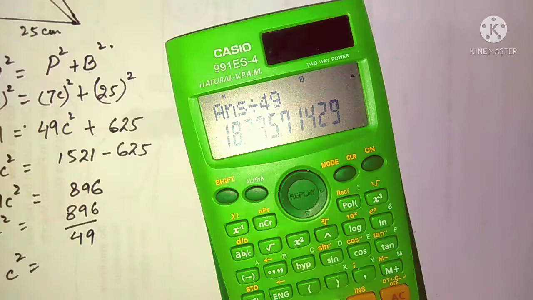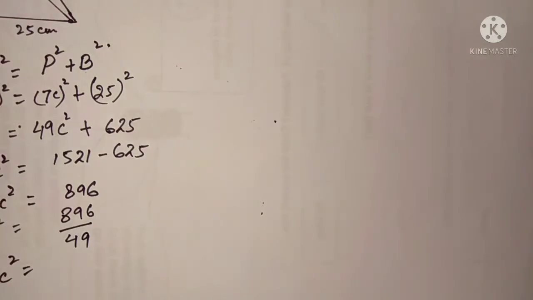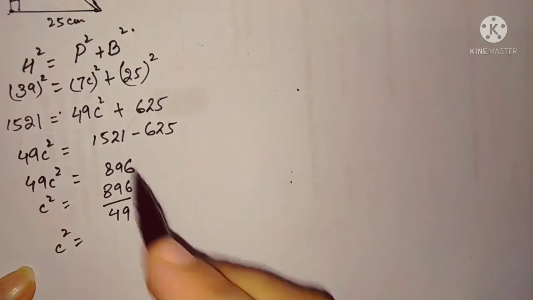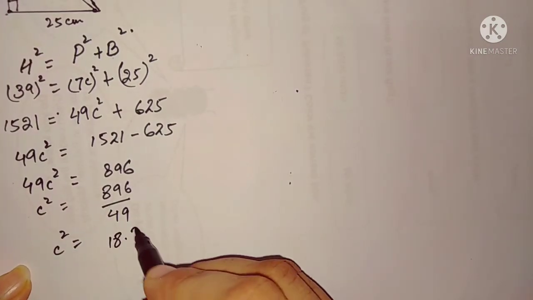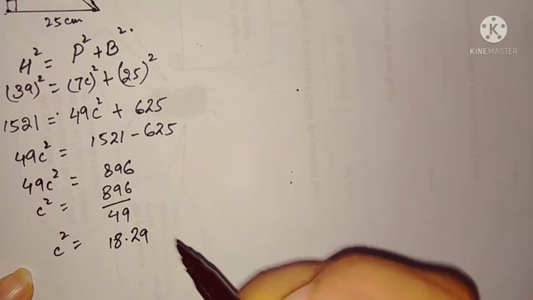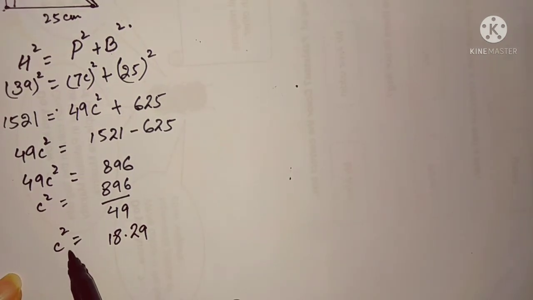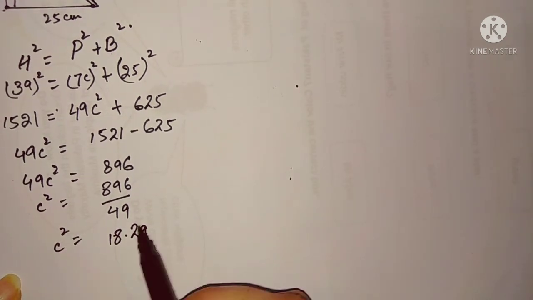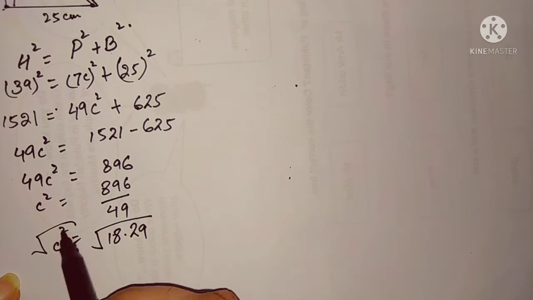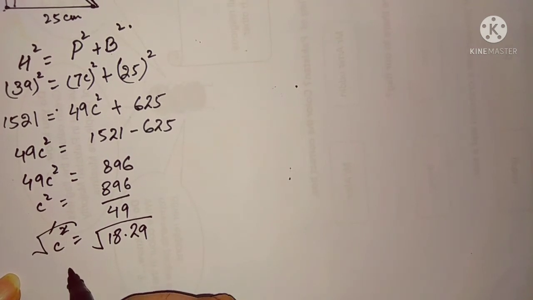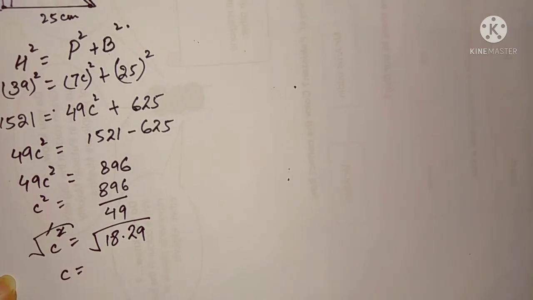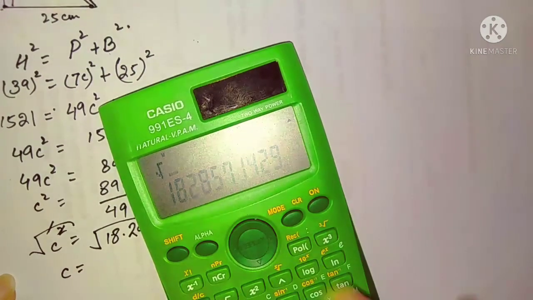So c square will be equal to 896 divided by 49. When I divide 896 by 49, I will get c square is equal to 18.28. We can round up this number like this.